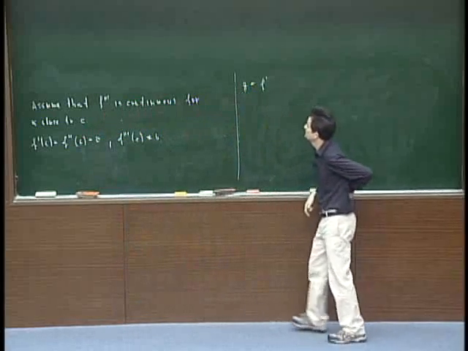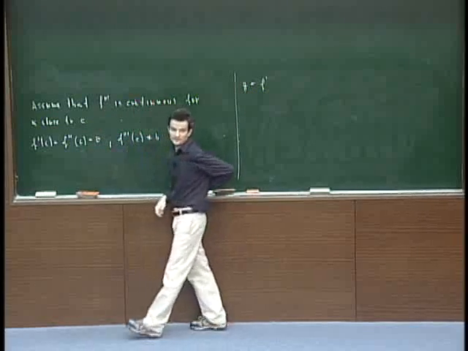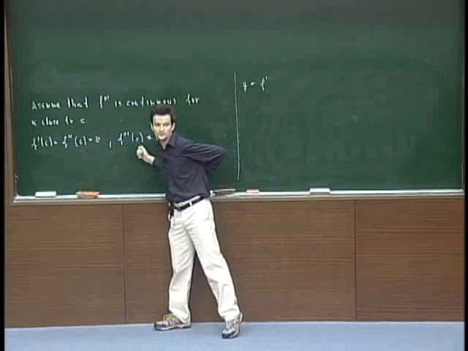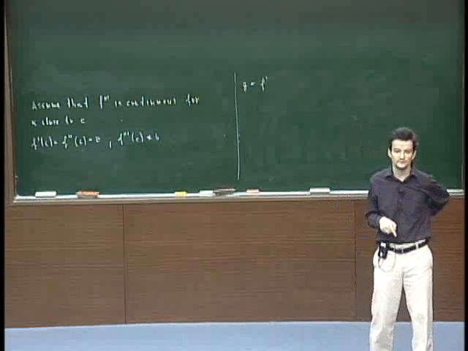You see that g at c is equal to 0, the first derivative of g at c is equal to 0, and the second derivative of g is not equal to 0, so either larger than 0 or smaller than 0.